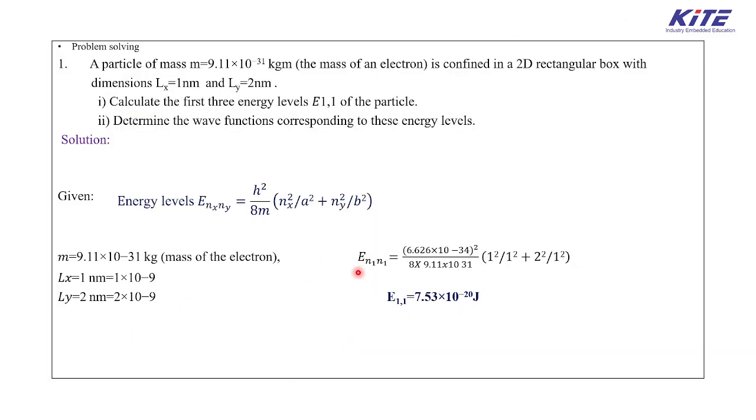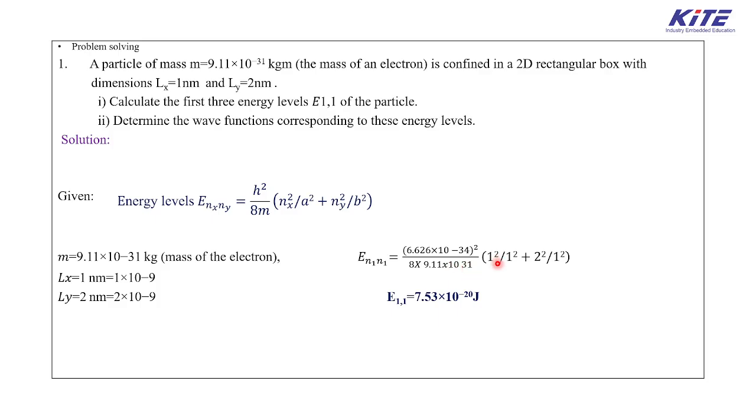So E, this is the energy level 1 comma 1, so x energy level 1, y energy level 1. So now we can write like this, E11 equals h, that is 6.6 into 10 power minus 34, the whole squared, divided by 8m, that is mass value 9.11 into 10 power minus 31.